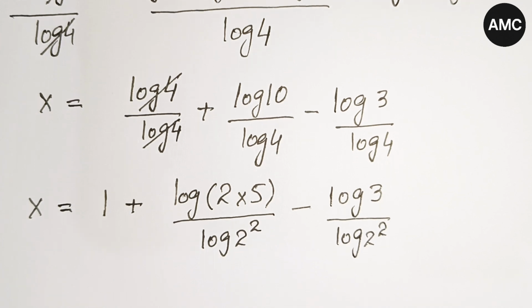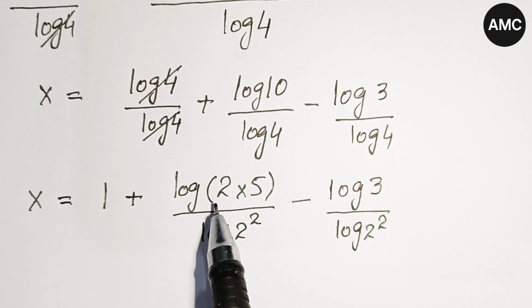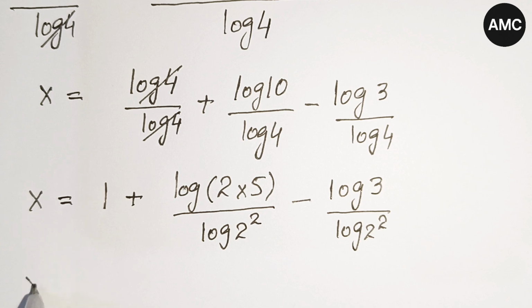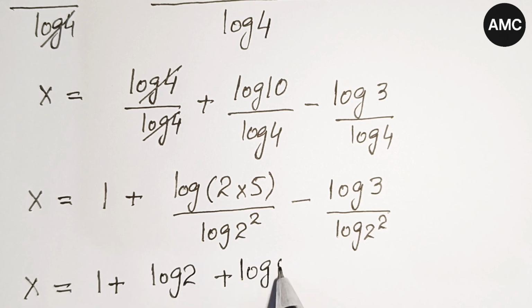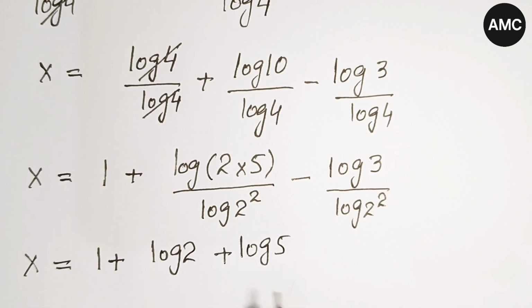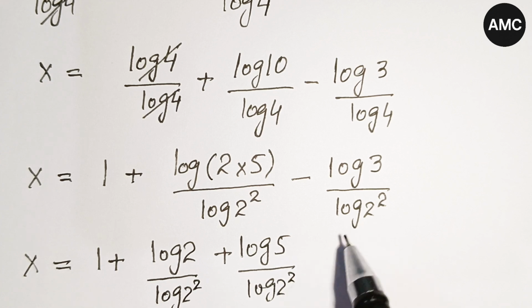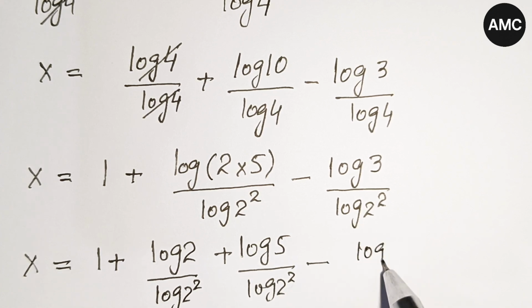So here, using again the product law of logarithm, we have 1 plus log 2 plus log 5, and writing the log 2 squared separately with each term, divided by log 2 squared, and minus log 3 divided by log 2 squared.